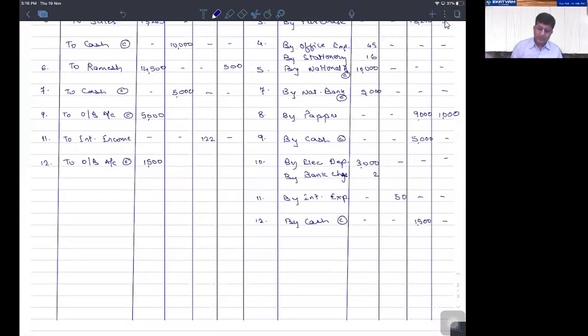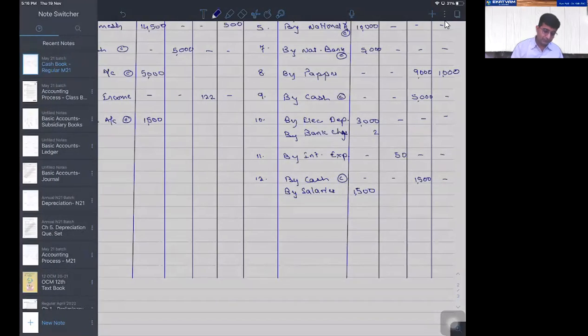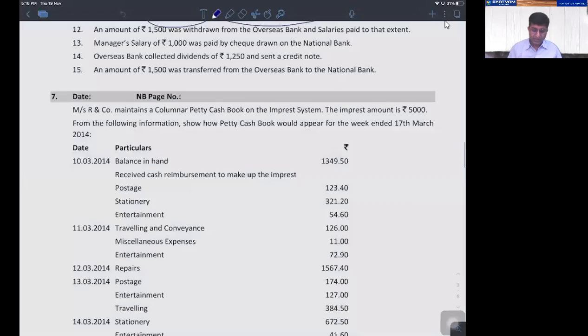Am I right? And then to that extent, you have paid the salaries by cash. Therefore, by salaries only in the cash column 1,500. Is it right? Because my entry for salaries will be what? Salaries expense account debit to cash account. Correct?